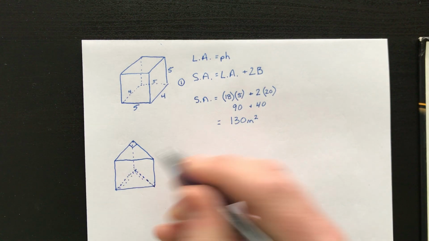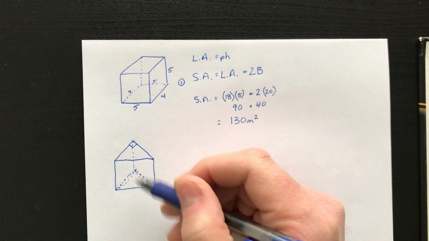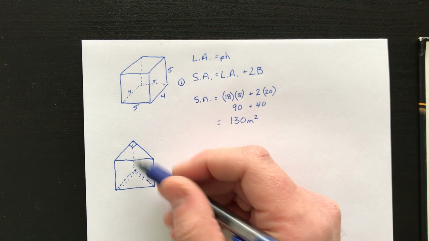All right, so there's my triangular prism. It's a triangular prism because my bases are triangles, the top and the bottom.